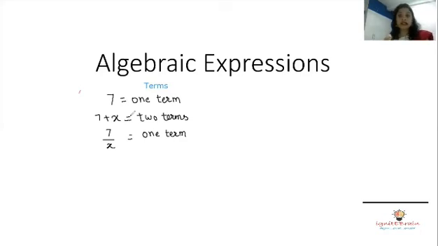Let's take another example. Now when I write 7 plus x minus y, how many terms are there here? We can see this is addition and this is subtraction, and 7, x and y are 3 terms. So this expression has 3 terms, right?